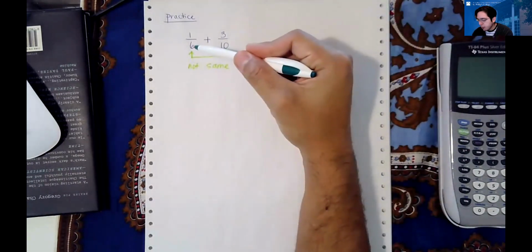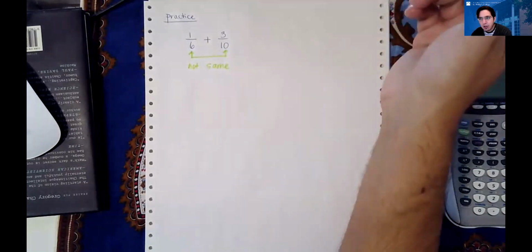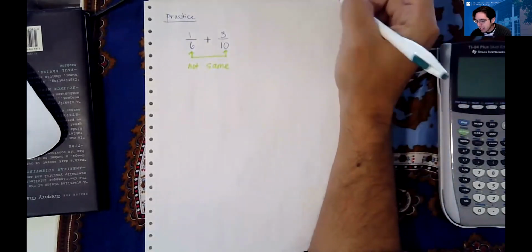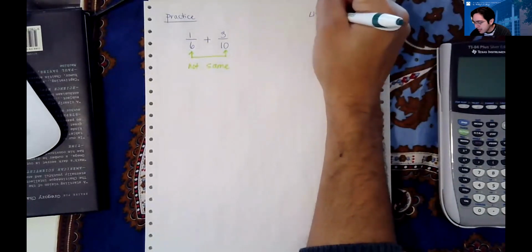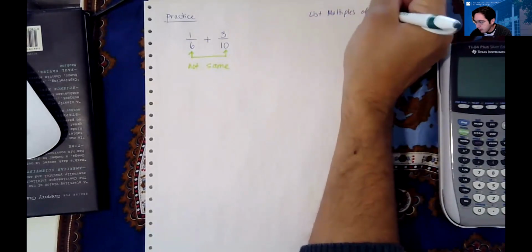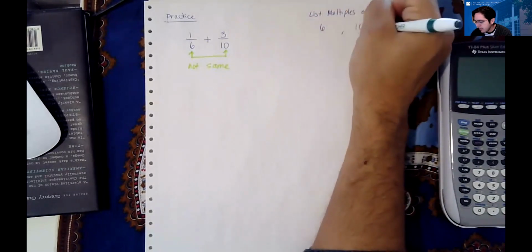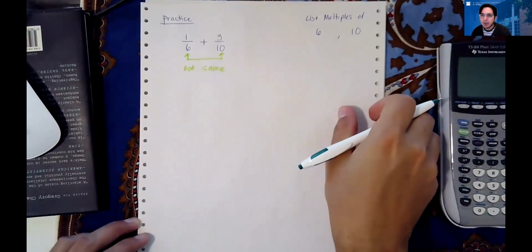But we can see that we have a 6 and a 10 here for the denominator. And instead of drawing pizzas with 6 even slices or 10 even slices, what we can do is list the multiples of 6 and 10. And what I mean by list the multiples is count by that number.